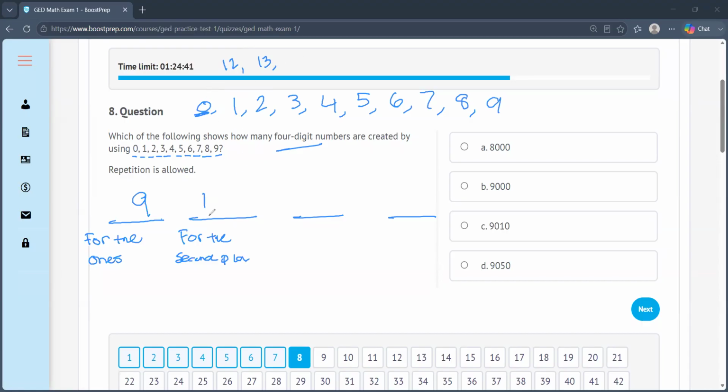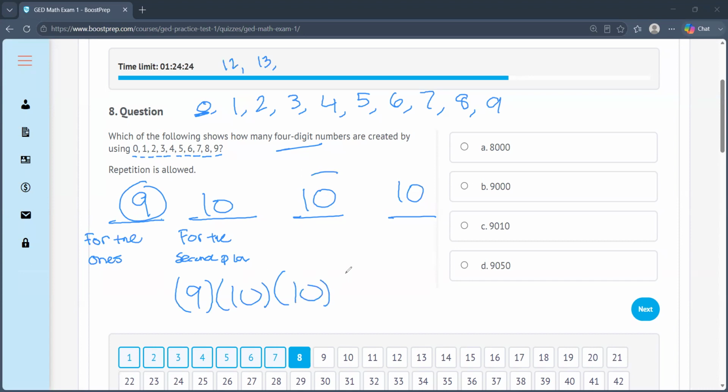So there's a total of 10. And since there's repetition, this could be 10 and this could be 10. So when you multiply it out, you have nine for the first, then 10 times 10 times 10, and you get 9,000. So that is letter B.